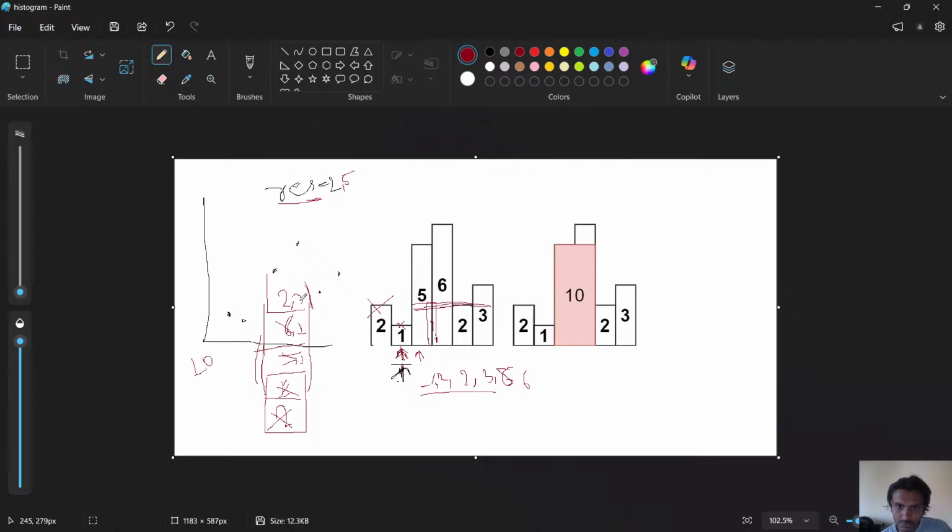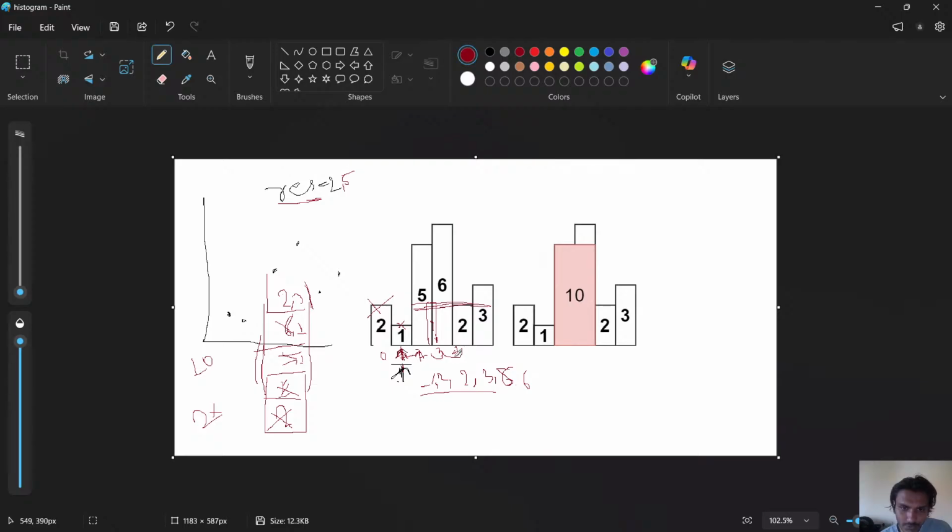So 2 smaller one into difference in position. What is that? It is 1 and 2. So that is 2. So 2 into, let's say 0, 1, 2, 3, 4. This is 4.